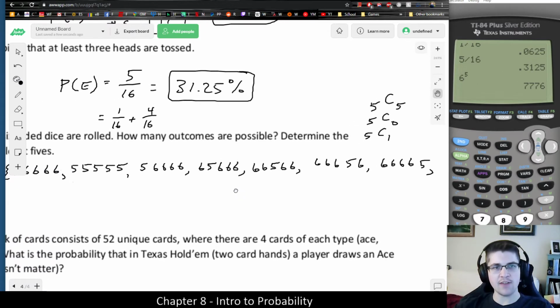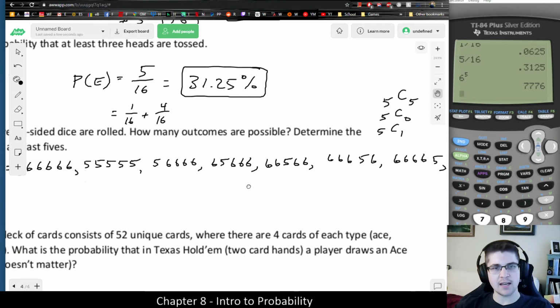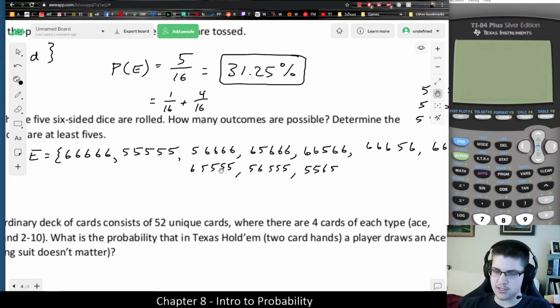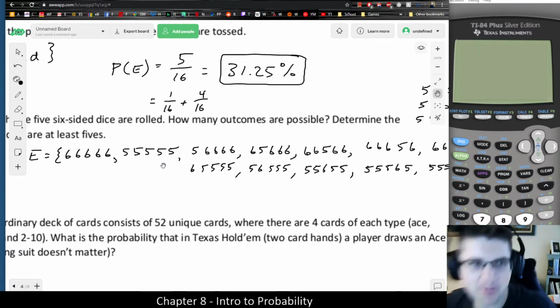So I could have, in the same exact way, a single 6 and the rest 5s. So that would be 6, 5, 5, 5, 5, then 5, 6, 5, 5, 5, and so on. Another reason I suggest you probably don't do it this way is because it's really easy to leave off some of the possibilities. I've trained my brain to think about them all, and as I say that, I'm probably going to miss some and be eating my words in a second.